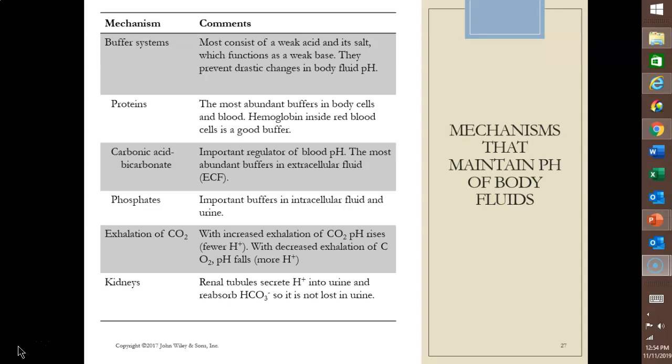And then the second physical buffer system that we looked at just briefly was the kidneys and their role in excreting hydrogen ions into the urine, but also in addition to that, they have the ability to retain bicarbonate ions so that they're not lost in the urine. All of these systems together help to regulate pH of body fluids.